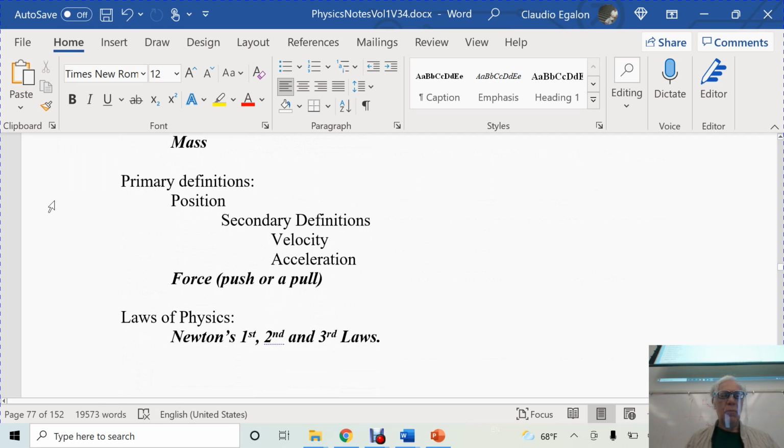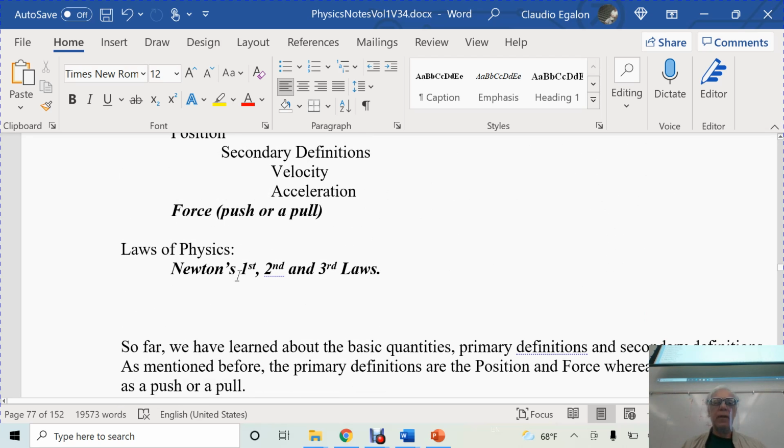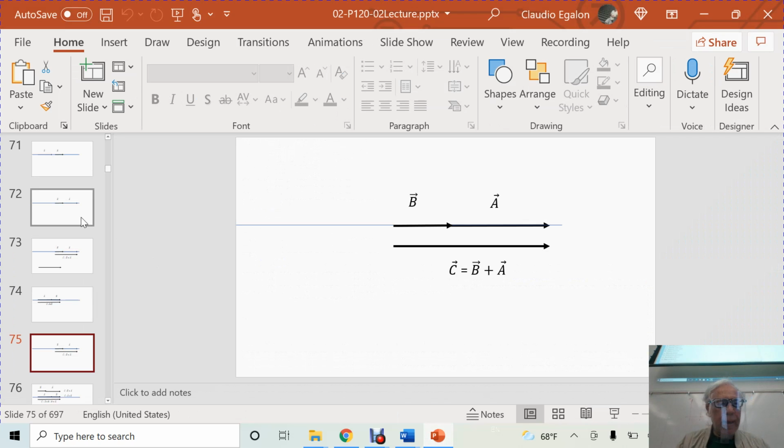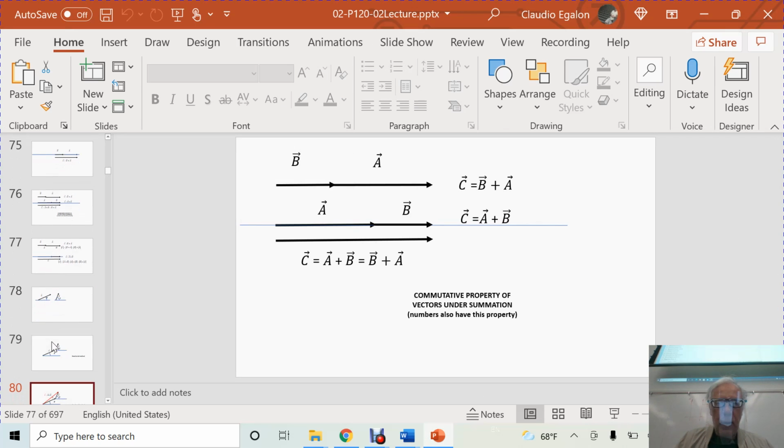Okay, we're going to talk about Newton's first, second, and third laws. Let's start with the first law. And in the meantime, I'm going to get here my PowerPoint.